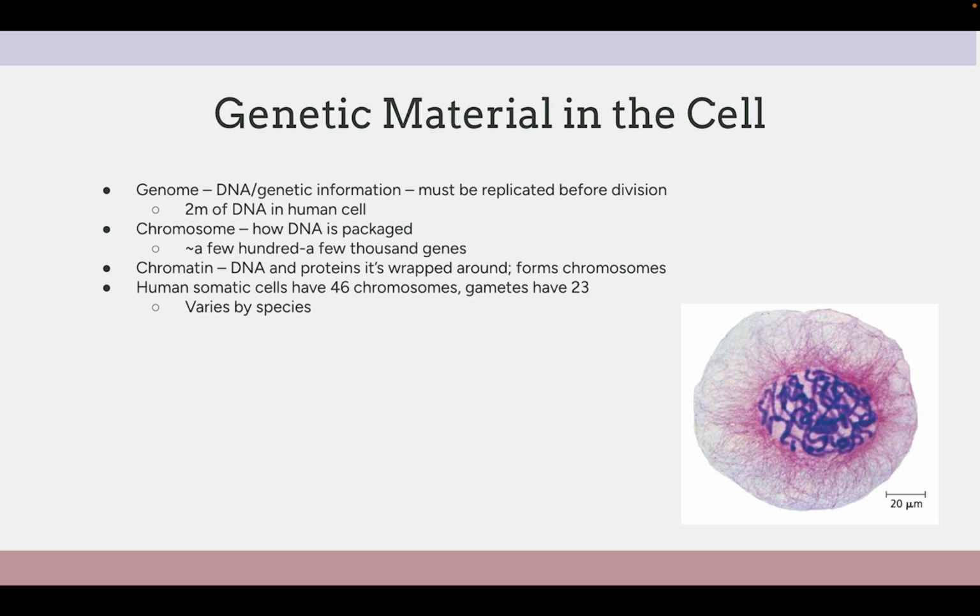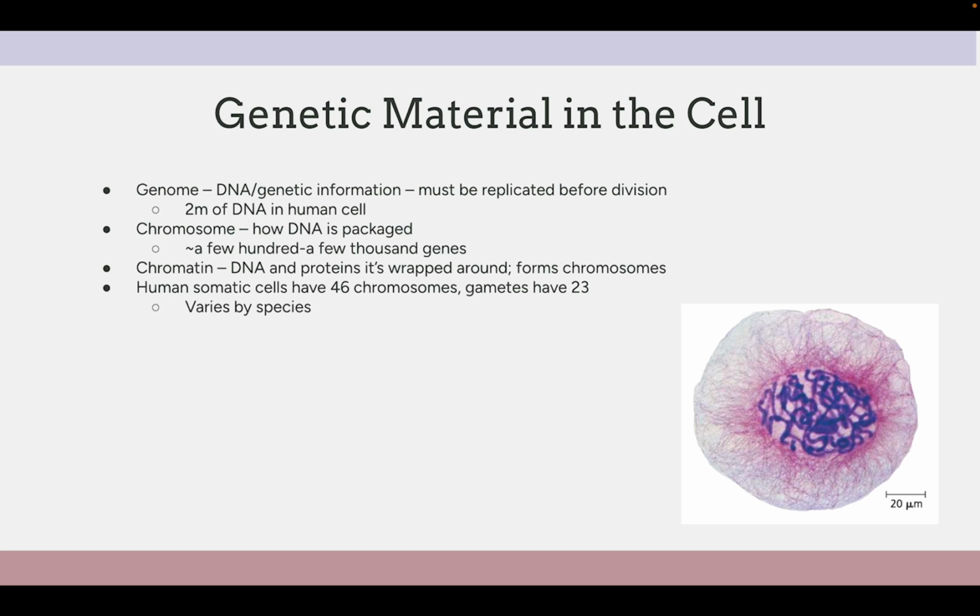So, DNA is wrapped around these proteins called histones, and then you've got 8 histones, and that makes a nucleosome. And really, it looks like DNA is kind of wrapped around these little beads, and that just helps provide some organization to the structure. And then when your cell is undergoing division, it's going to condense its chromatin into a chromosome. And we'll talk a little bit more about that later.